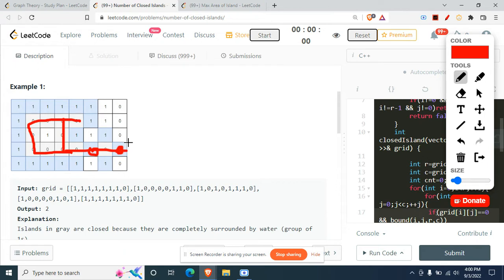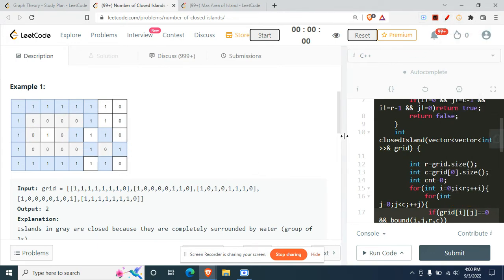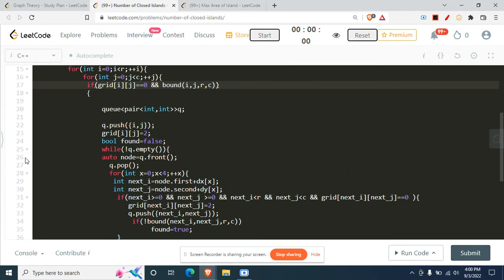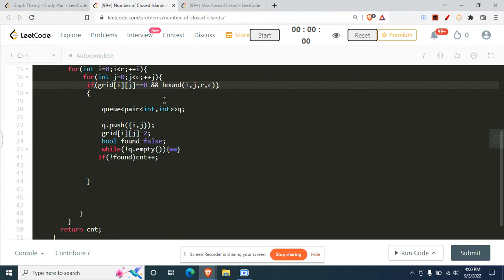So this island actually becomes a part of the whole thing. Everything is covered by one, that is fine, but the out of bounds, the last place, is not covered by one. So we only need to take care of that position, that is, we are not stumbling upon the boundary cases. That is where this algorithm helps.